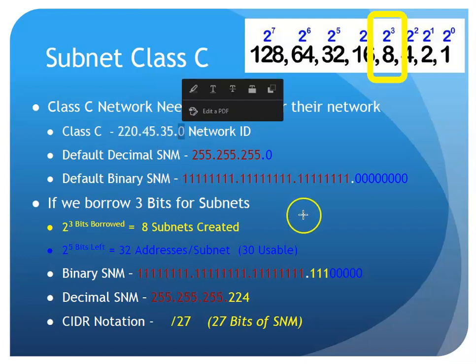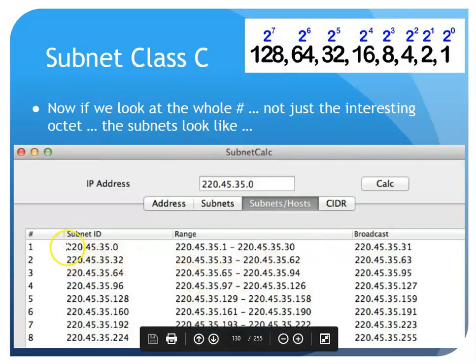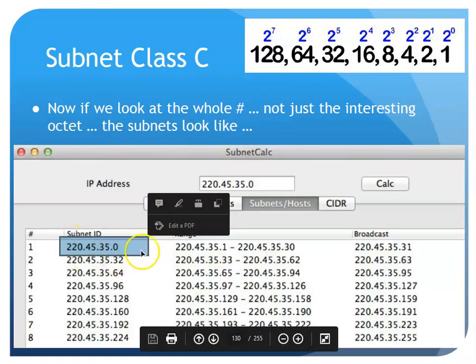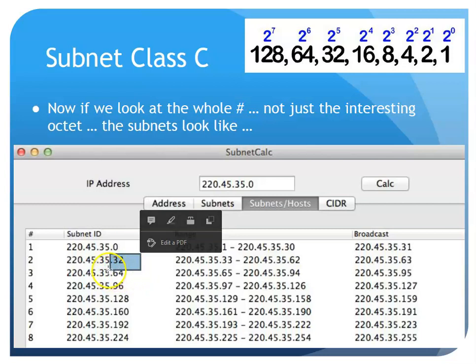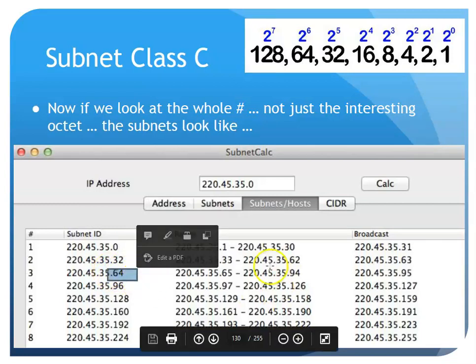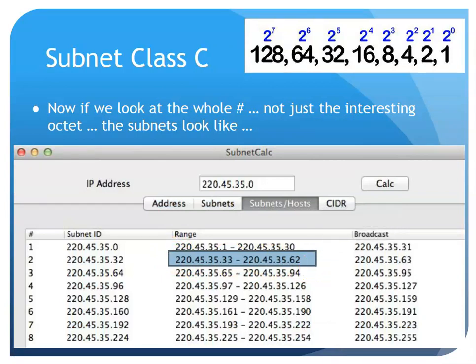We were just using the last octet to save some work. So when I did the subnet calculator, it plugs in the whole thing for you. So this number right here, 220.45.35.0, is a network number. .32 is a network number. .64 is a network number, and so forth. And the usables here, these would be the usable IP addresses. All right, so there is how you do a Class C.